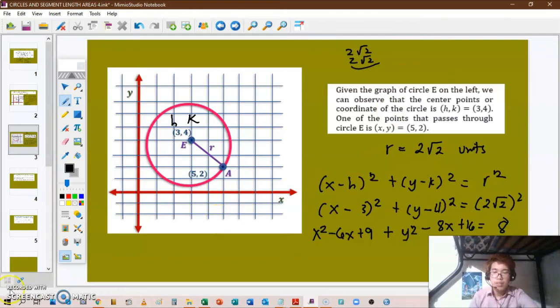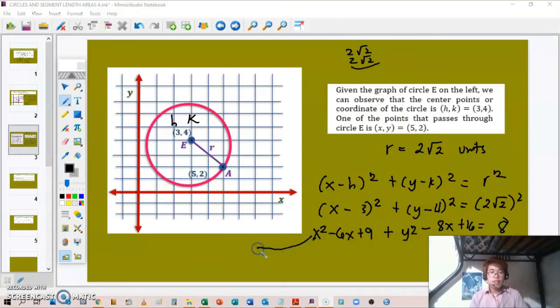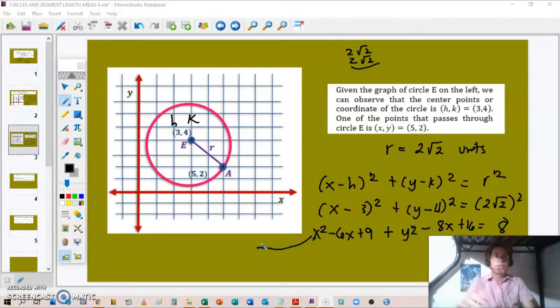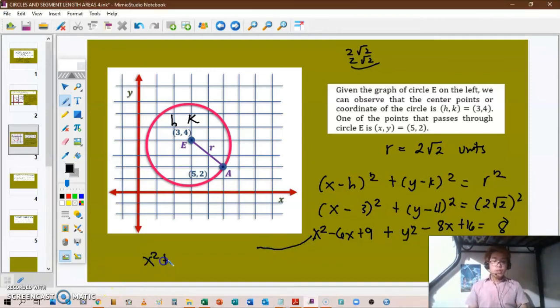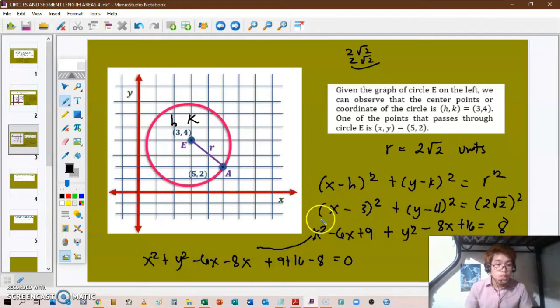Okay, so solving now for the values of these figures that we have here. So this is going to be equal to x squared plus y squared minus 6x minus 8y, and then positive 9 plus 16 minus 8 is equal to 0. Okay, so 9 plus 16 is 25, and 25 minus 8 is going to be equal to 17.